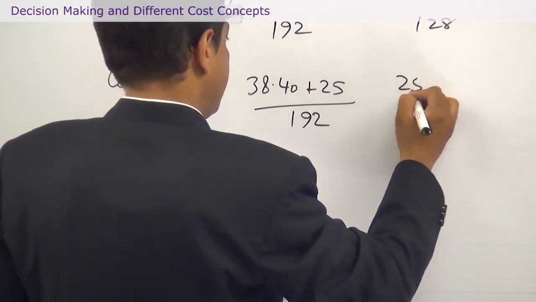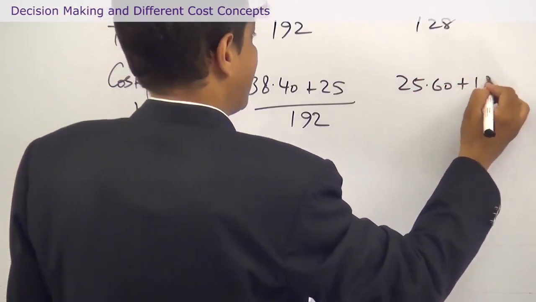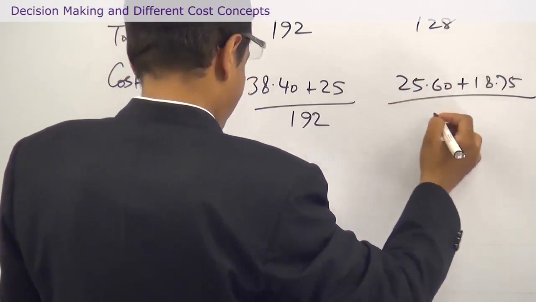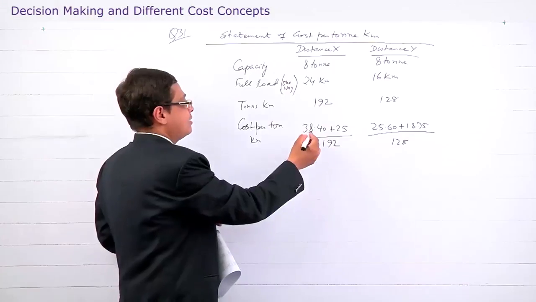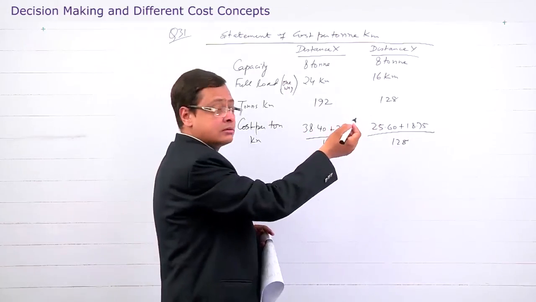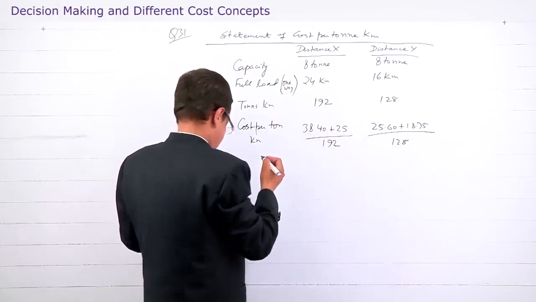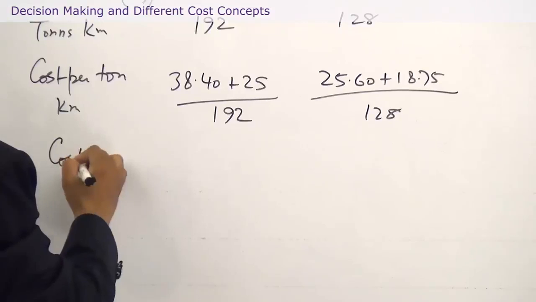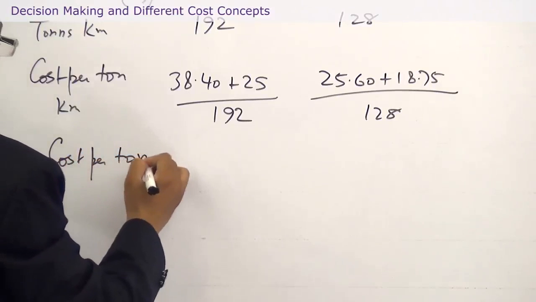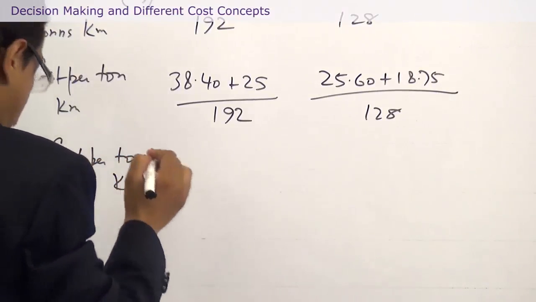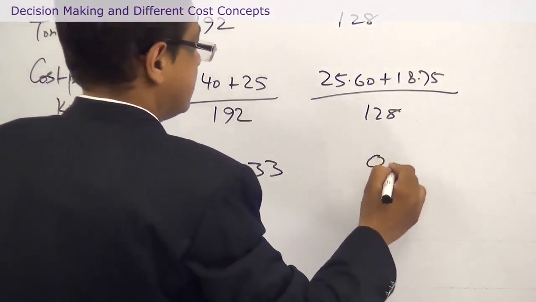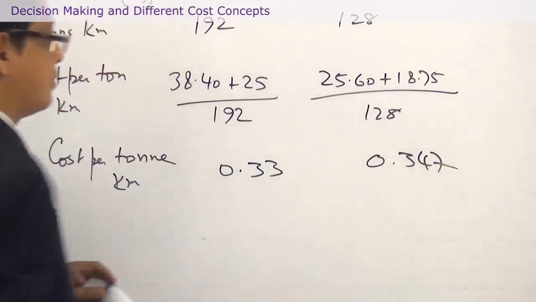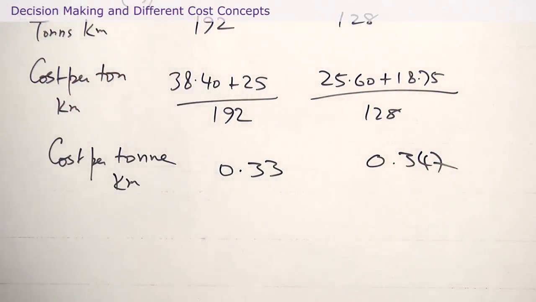This is going to be 25.6 plus 18.75 divided by 128. So what I have done? I have added the variable and fixed cost and divided it by tons kilometer. So cost per ton kilometer is 0.33 and 0.347.